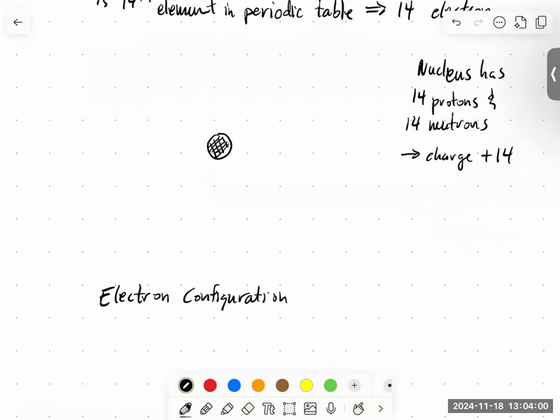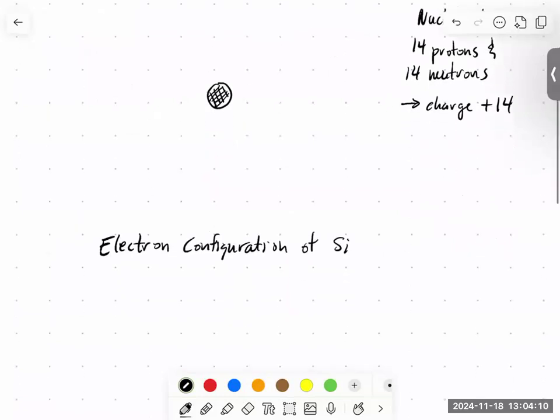of silicon. So the electrons are organized in different shells, and the different shells can also have different orbitals. The innermost shell is called the 1s shell, and it can be filled with 2 electrons. So this 1 is going to represent the shell number.